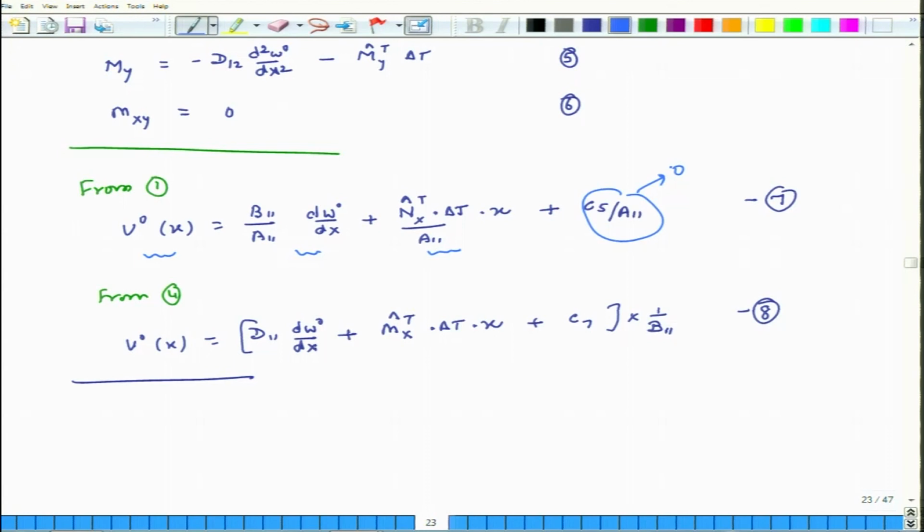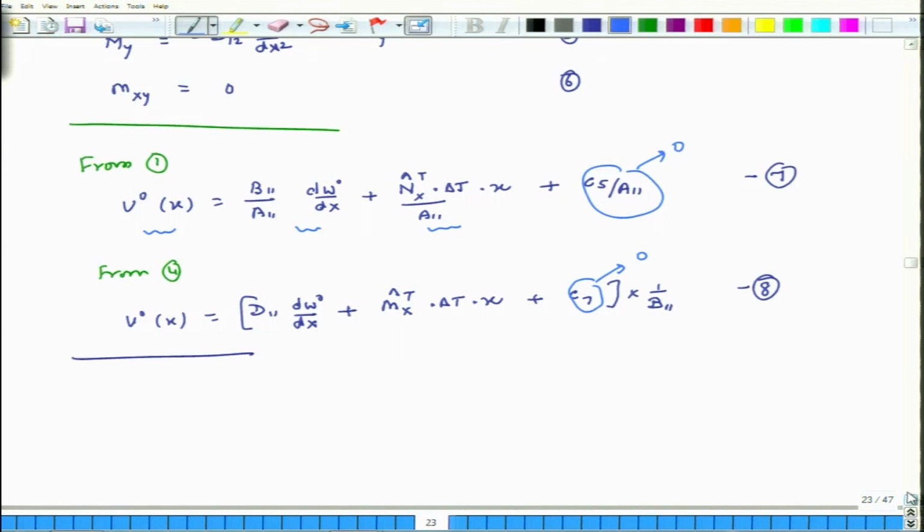Similarly, we look at equation 4 and we again do the same thought experiment, that when delta T is 0, u naught should be 0, dw over dx should be 0. So, the only non-zero term left is C7. So, for this equation to be satisfied, this also has to be set to 0, because C7 and C5 represent rigid body translation of the plate.